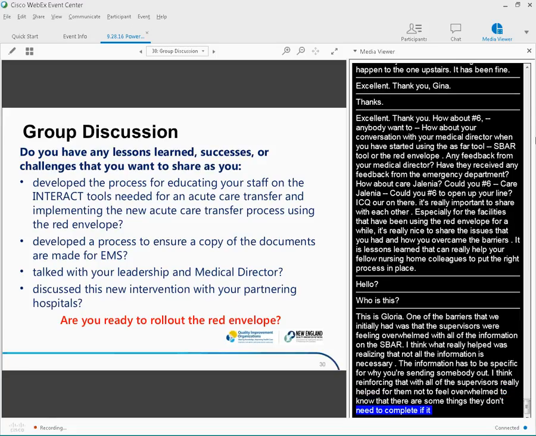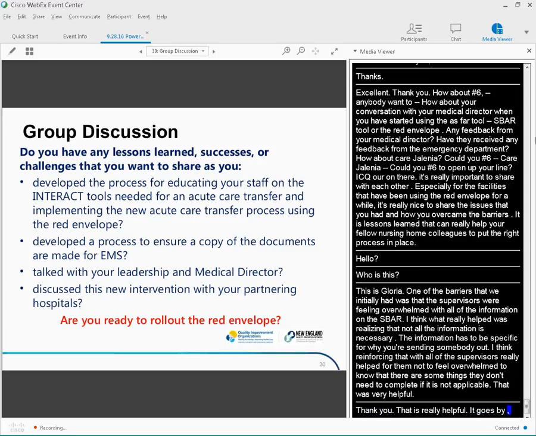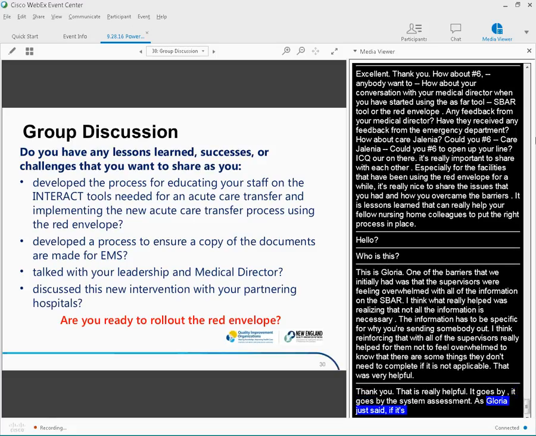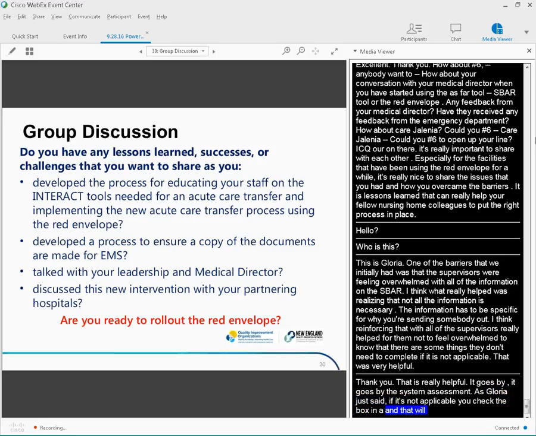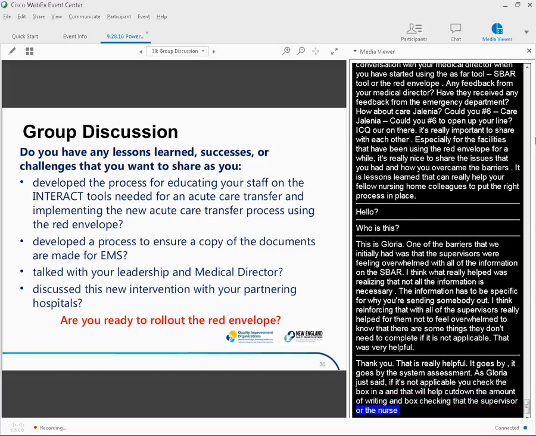Excellent, thank you. That's really helpful. It goes by the systems assessment, and as Gloria just said, if it's not applicable, you check the box NA. That will help cut down the amount of writing and box checking that the supervisor or the nurse who made the assessment has to complete.